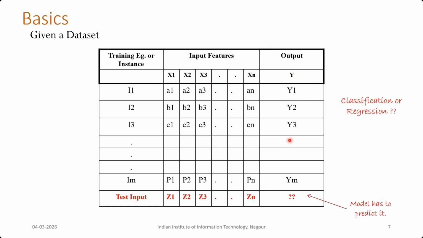When y is a discrete value, it is a classification problem, and when y is a continuous value, like the price of a house or share market analysis, we need to apply regression analysis. We have to train a model which is going to predict the value of y depending on these input features.